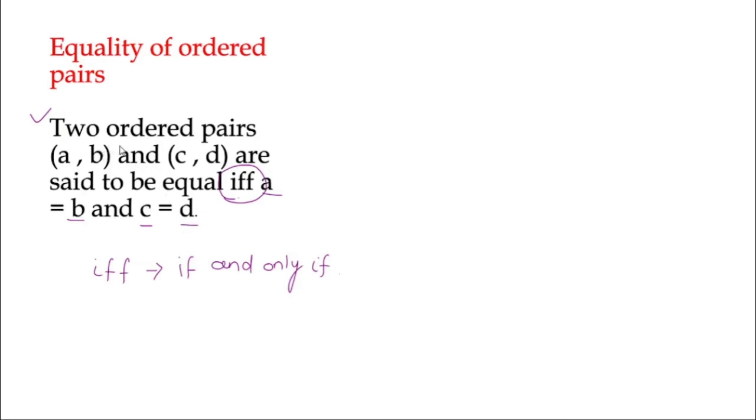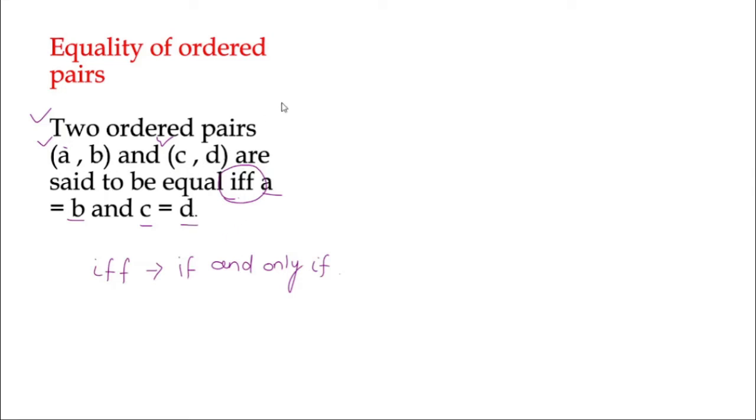So what we have here is that two ordered pairs are the same if the corresponding elements are the same, that is the first element of the first ordered pair and the second ordered pair must be same, as well as the second elements of both ordered pairs must be same.